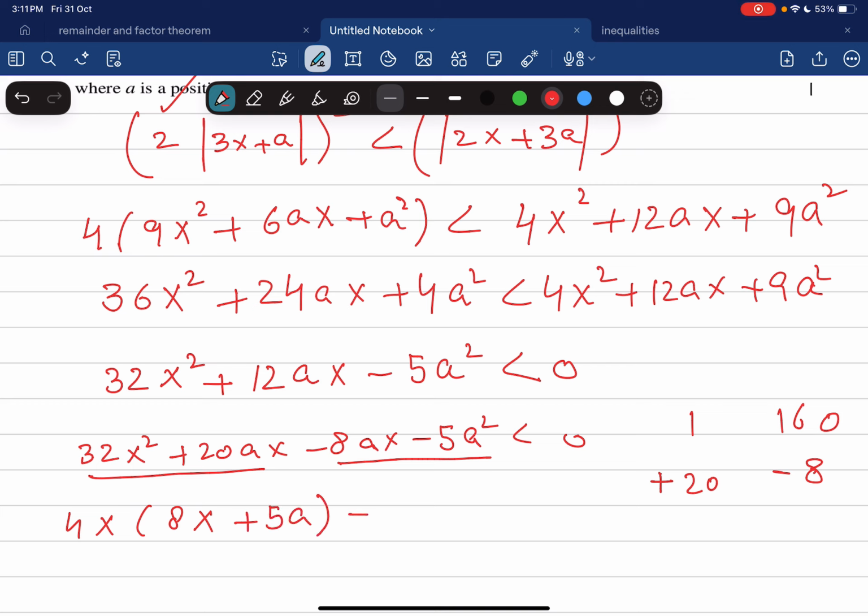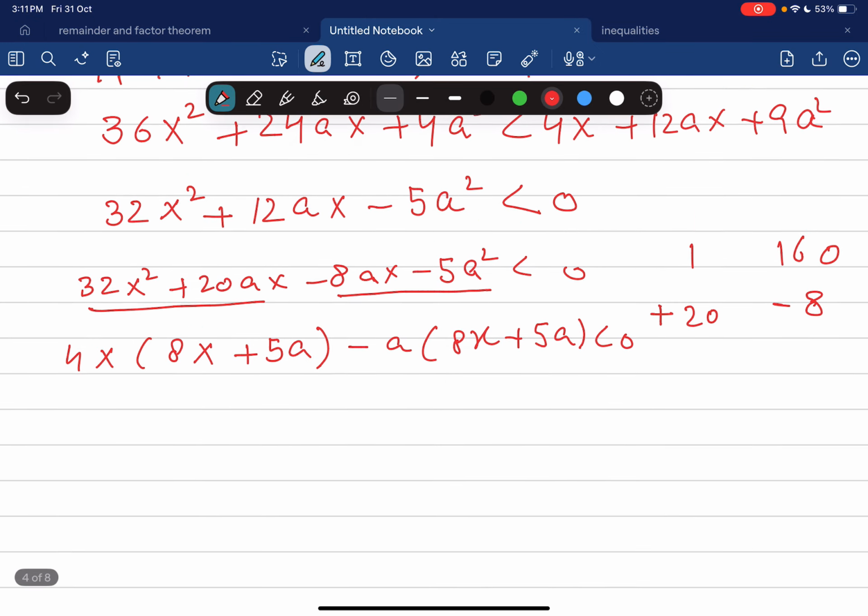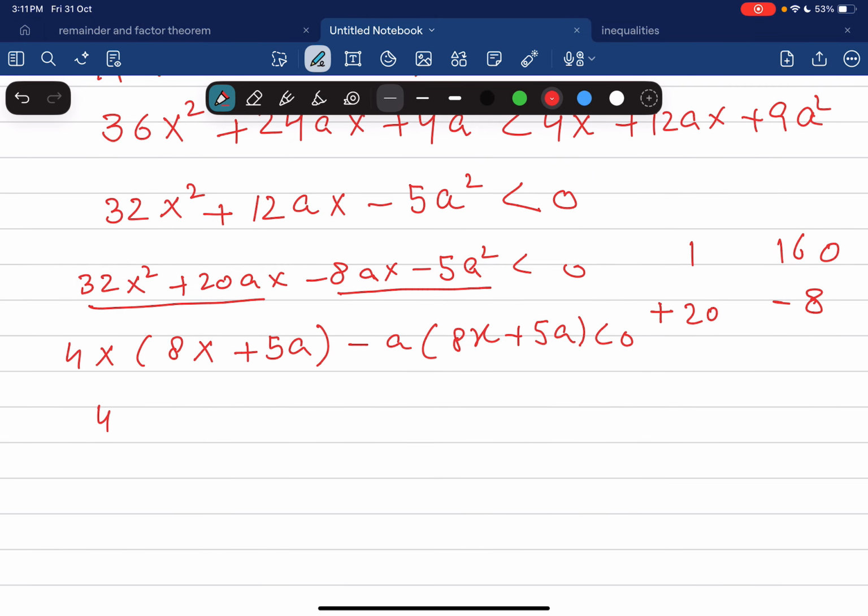Now the common factor is minus a only: −a(8x + 5a). So (4x − a)(8x + 5a) less than 0. Critical values.